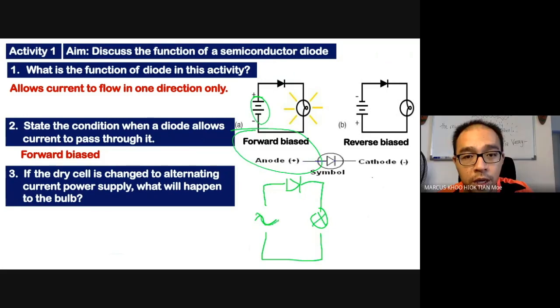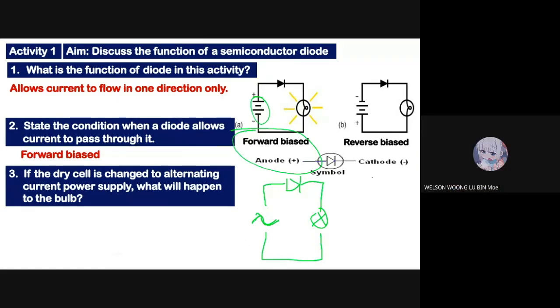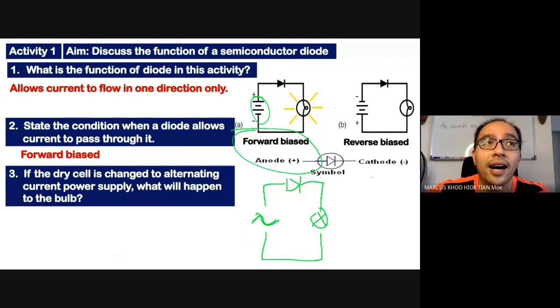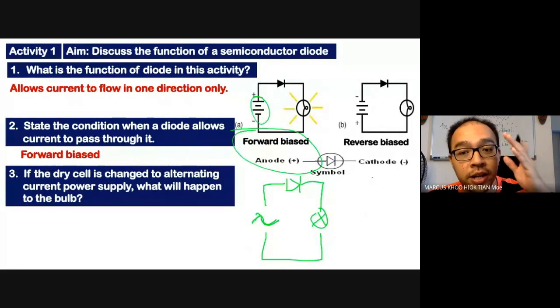Blinking. Why would it blink? Sometimes positive, sometimes negative at the anode. Wilson is on the right track. He says it will blink because sometimes positive, sometimes negative is connected to this one. Because alternating current is here positive, here negative, and then the next moment here negative, here positive.